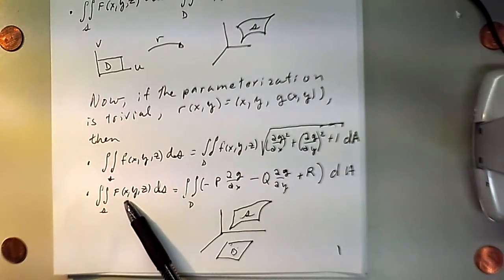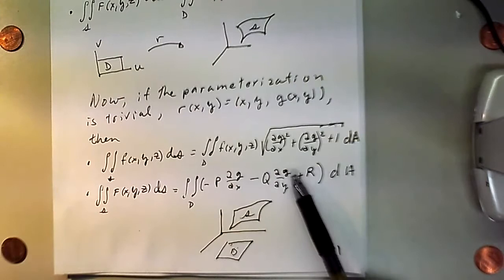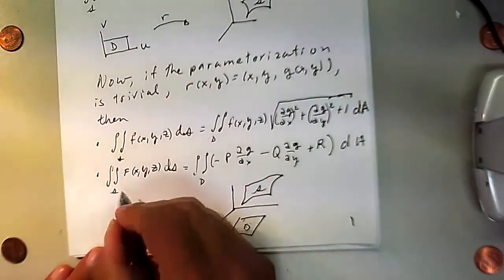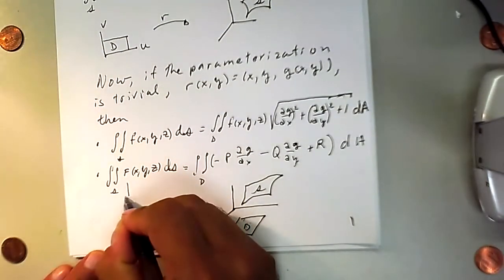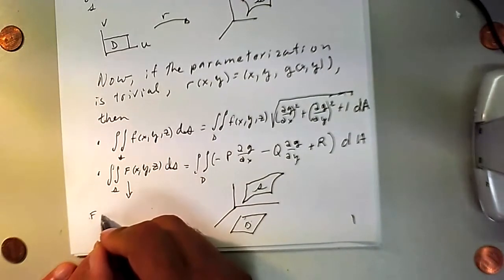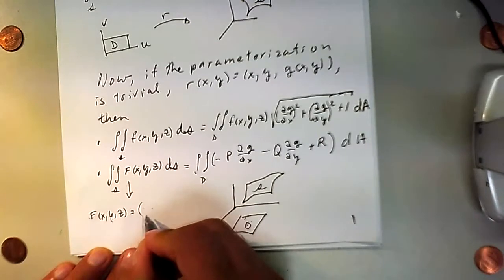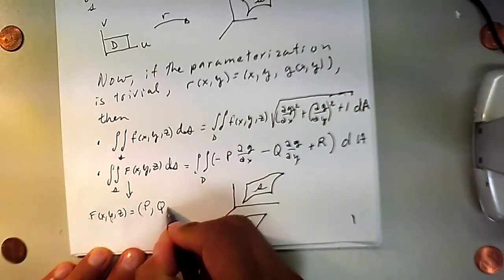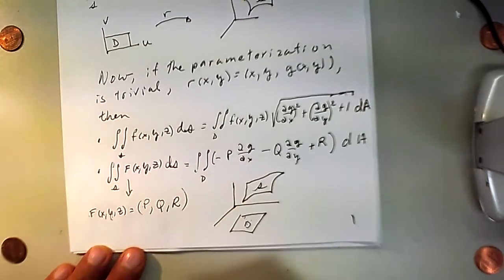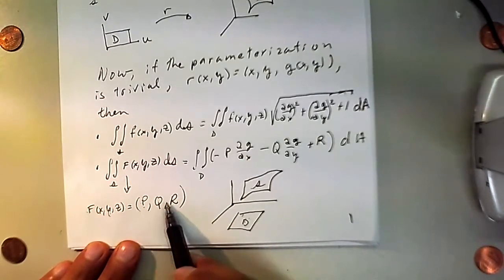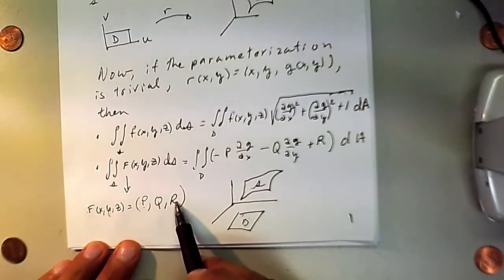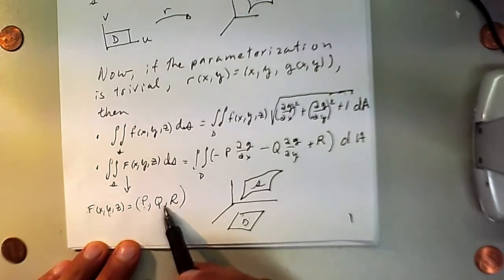And for the vector field case, we're going to assume that F of X, Y, Z is made up of three parts, P, Q, R. So there's an understanding here that each one of those is a scalar function.